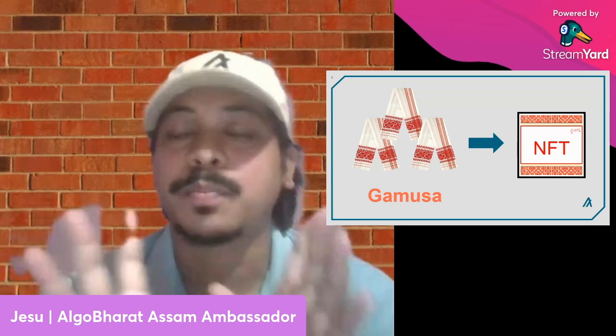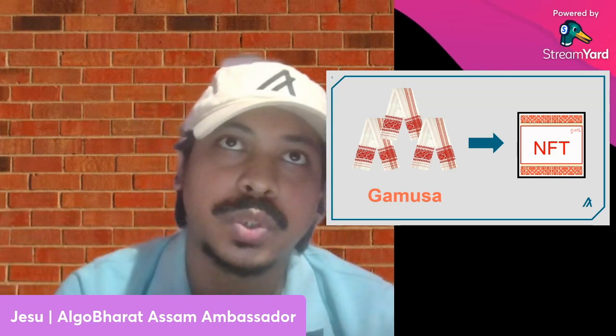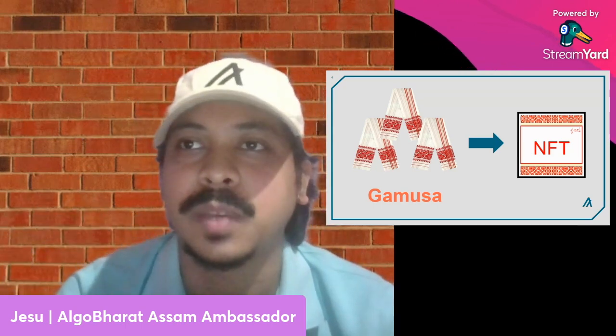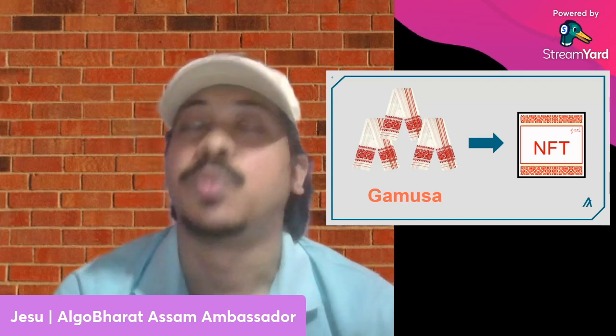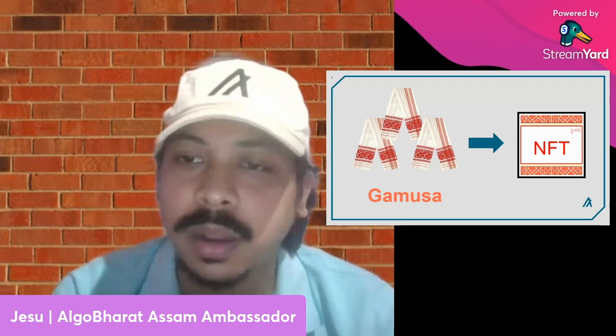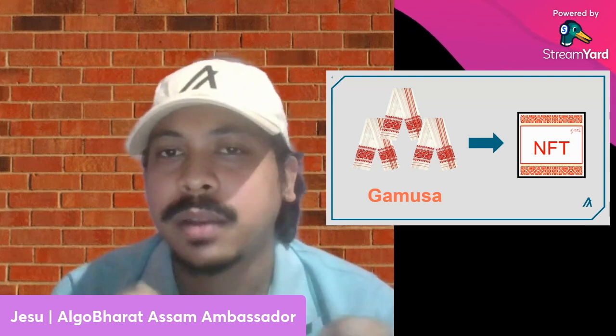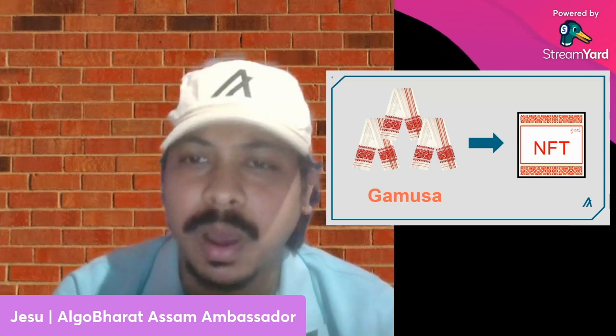Basically, the issue here was to tackle traceability. If someone is receiving a gamusa in Mumbai, or let's say in Kolkata, and you don't know where it came from, how would you even know?